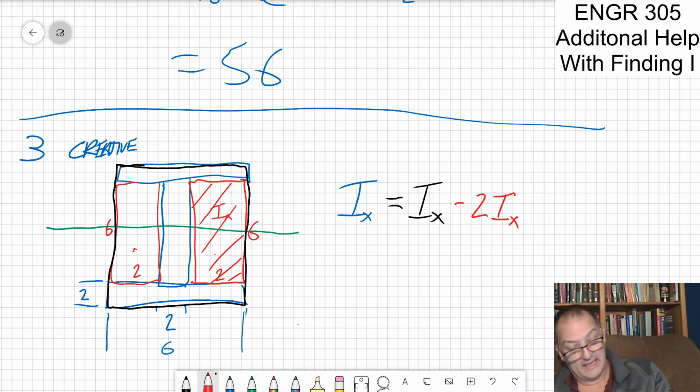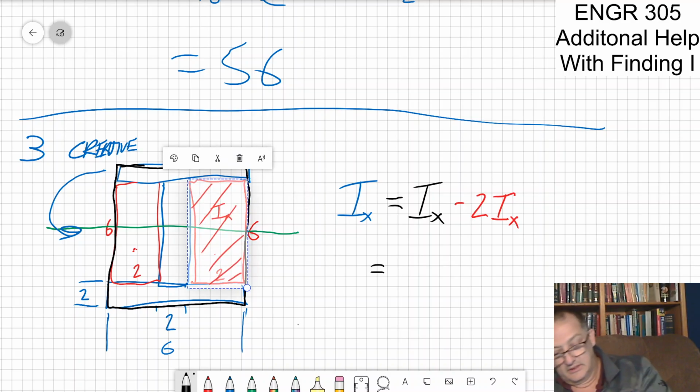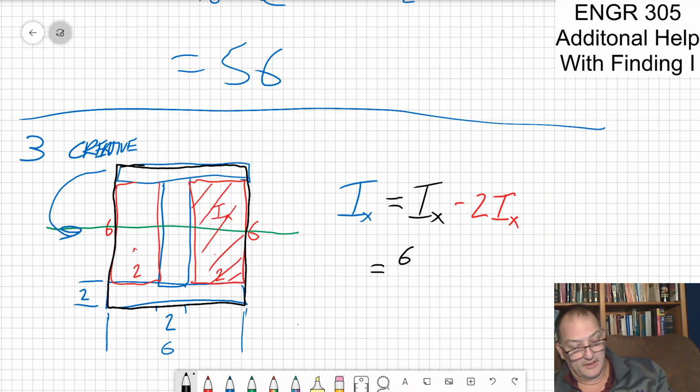Instead of doing parallel axis theorem and moving this shape down here, I can simply say IX equals base is 6. My height is 10, because I've got 2 here plus 6 here plus 2 here. So that's 10 cubed over 12.